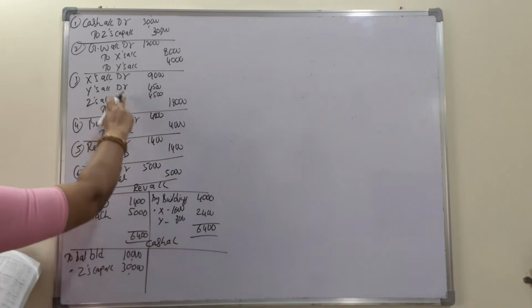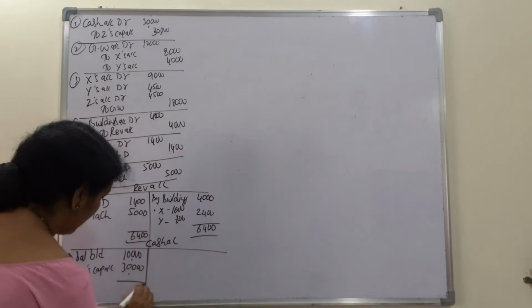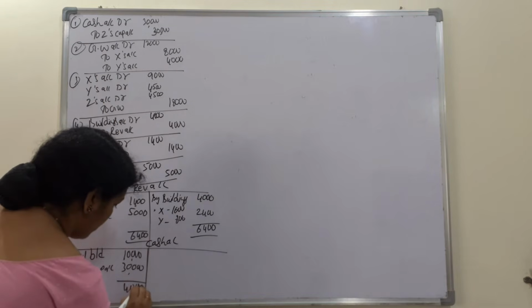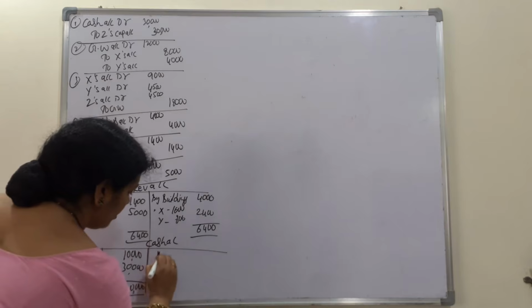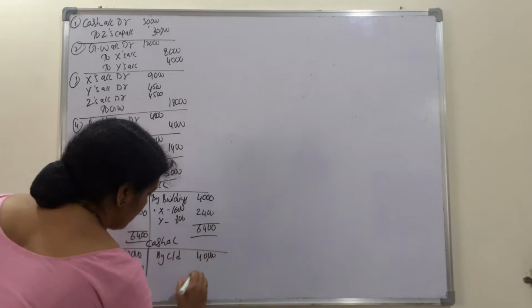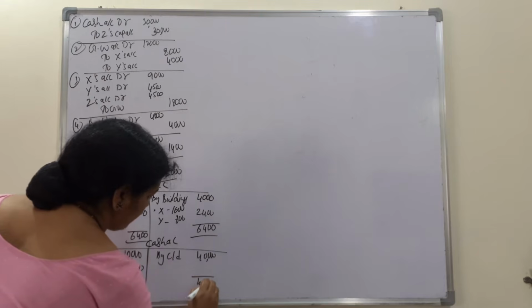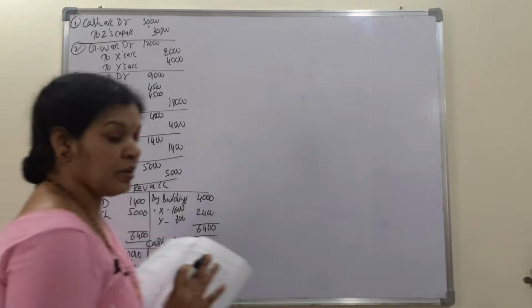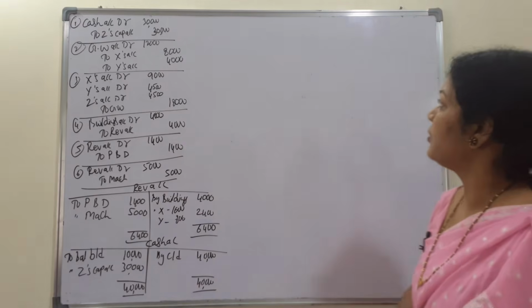Any other cash transaction? No. So we have cash of 40,000. This we are going to show in the balance sheet. Over.